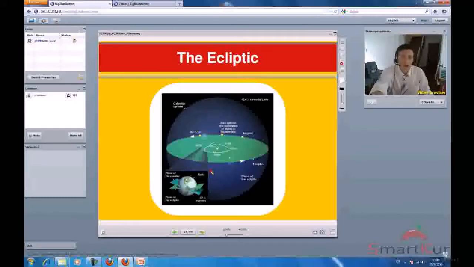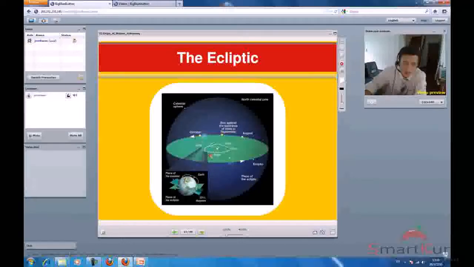We see that it's almost like there are two blades going through the Earth. That green blade, that green plane, is the plane of the ecliptic. Now that's the plane where most of the planets that are revolving around the sun are, like Mercury, Venus, Earth, Mars. They're all revolving around the sun on that same plane.